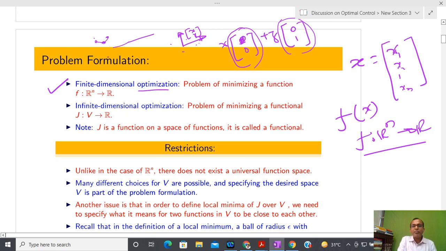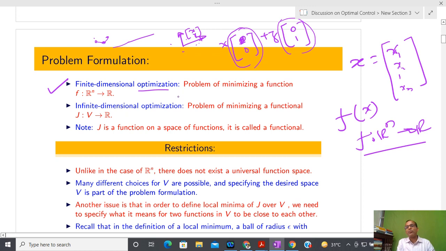Movement is not restricted in an unconstrained optimization problem. If I have a constrained optimization problem, then the movement from here to here is restricted. So we have two different classes of problem: the constrained optimization problem and the unconstrained optimization problem.